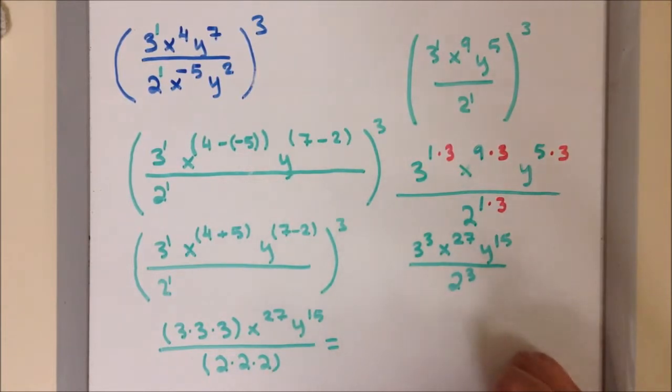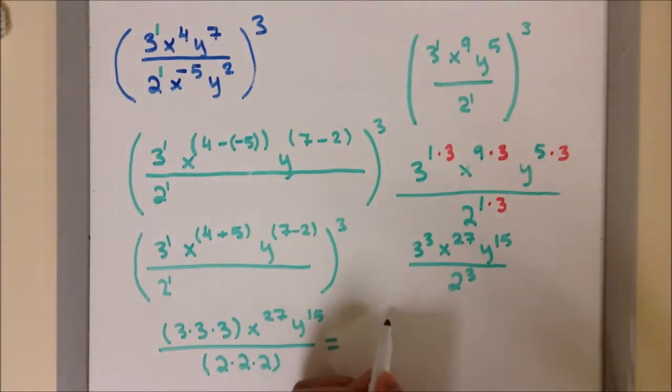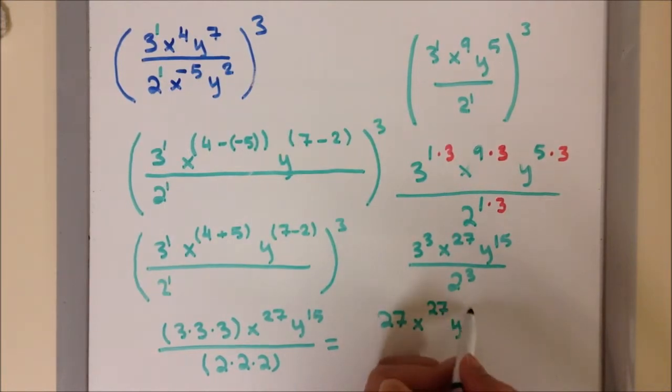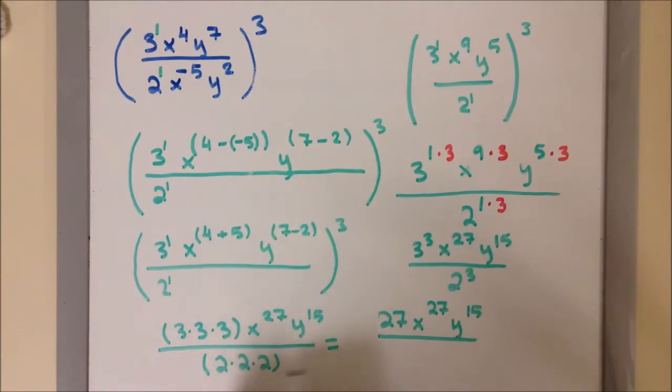So when you simplify, when you multiply, it's going to become 27. That's 3 times 3 times 3. And then x to the 27th power. And then y to the 15th power over 2 times 2 times 2 would become 8.